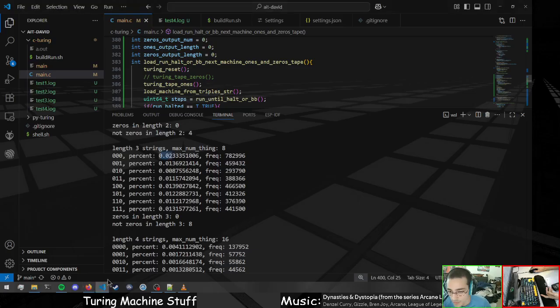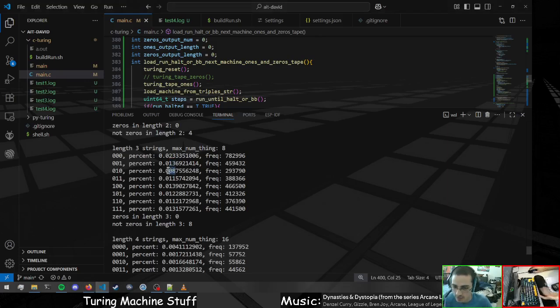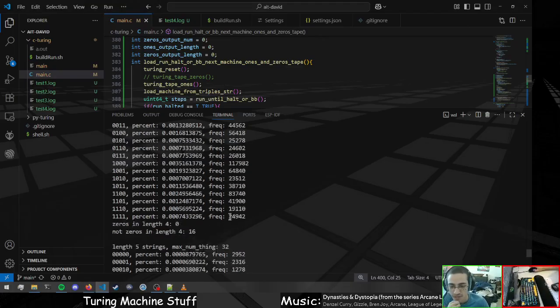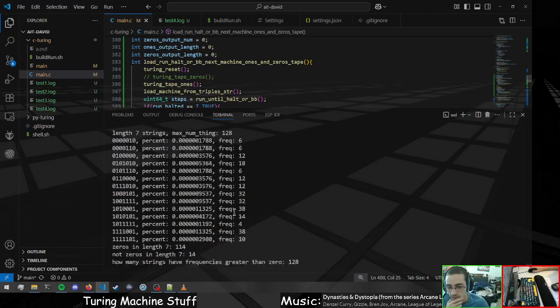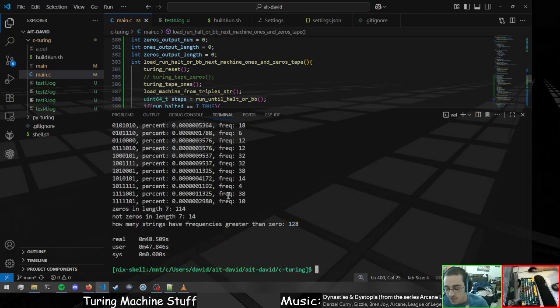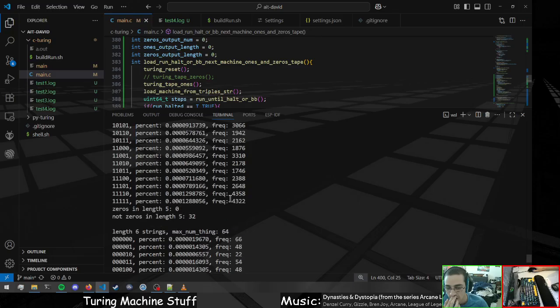I got a pretty good 0, 1, 0 though. This one 0.00. It's still very close, on the order of magnitude. These are all the same order of magnitude, and I'm still able to generate all of them, which is a good sign. So I really don't know what I did wrong.